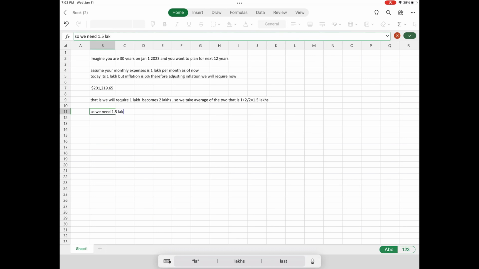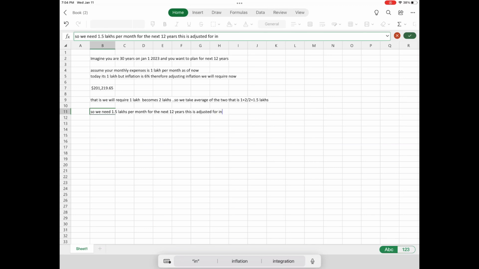So once again, we are going to think about how to get 1.5 lakhs per month. You need 1.5 lakhs for the next 144 months, that is 12 into 12.